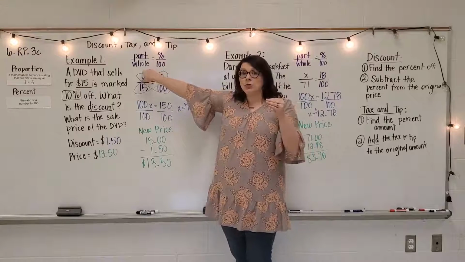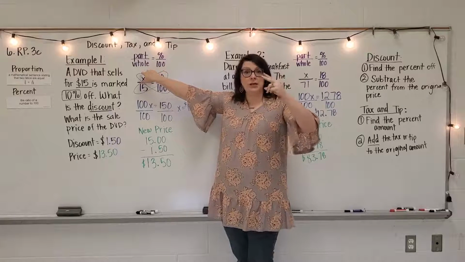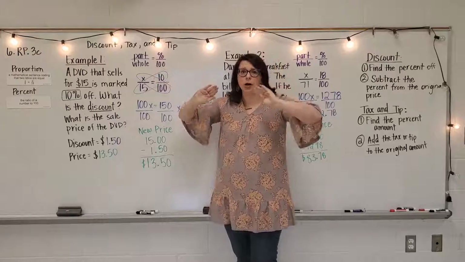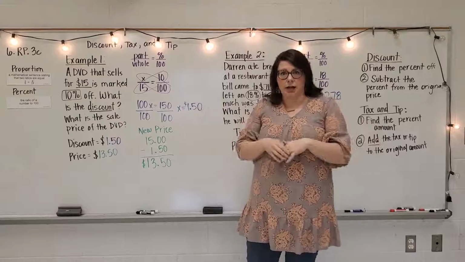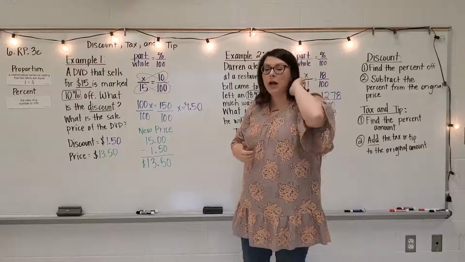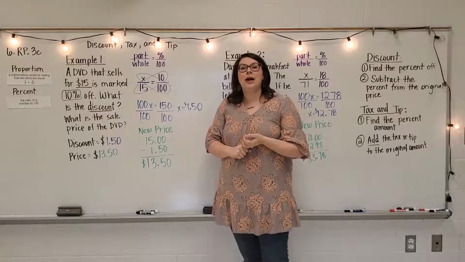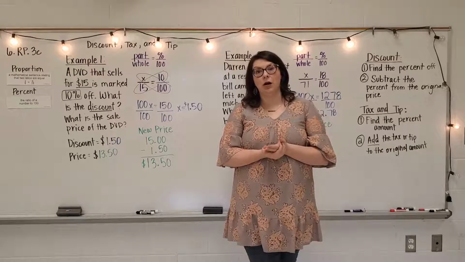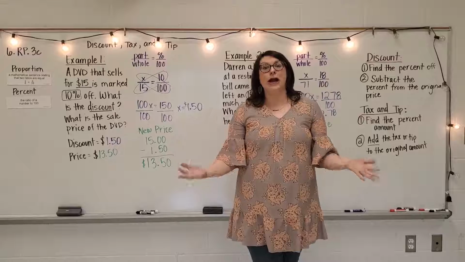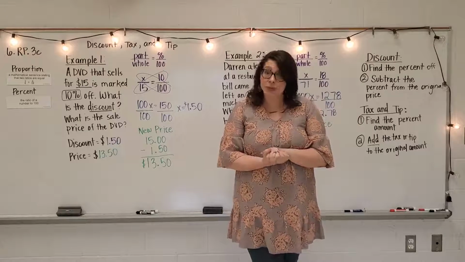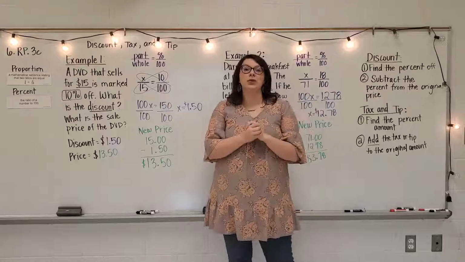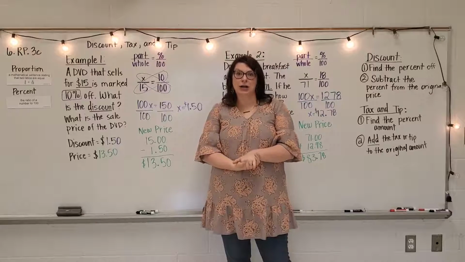Remember, every time you see a percent question, discount, tax, tip, you're going to automatically write this down: part to whole is equal to percent over 100, or out of 100. In this case, our entire amount is $15 because that's what the DVD cost in its original price. So that's the whole price. Then our percent is 10%, and a percent is always out of 100.